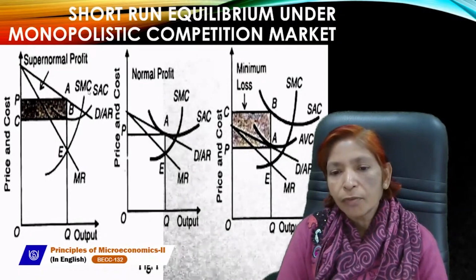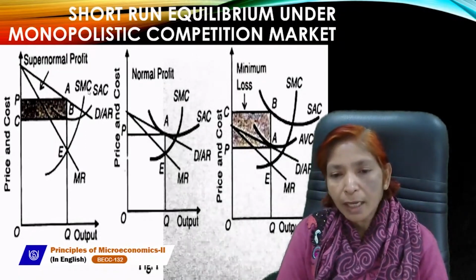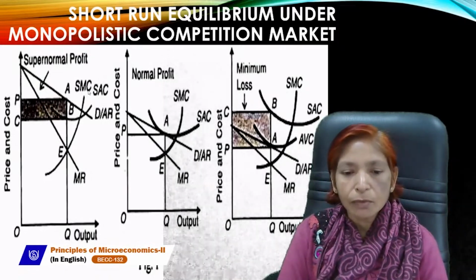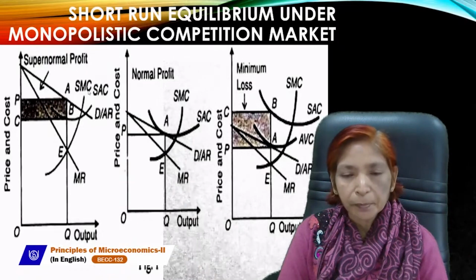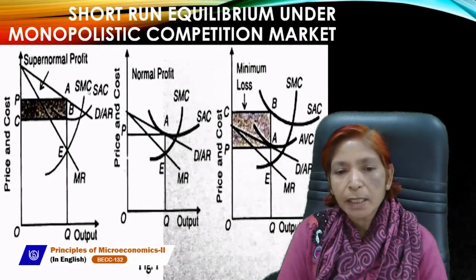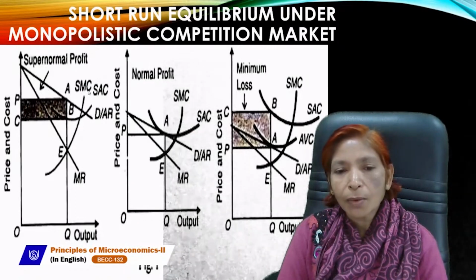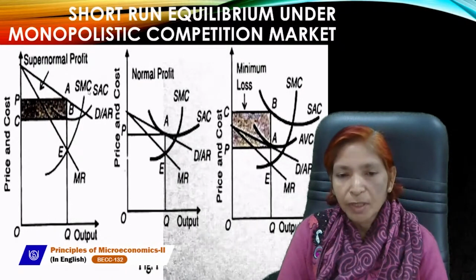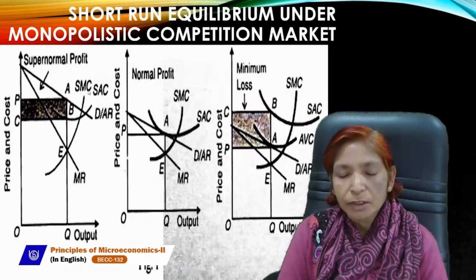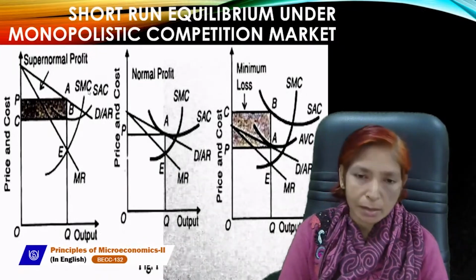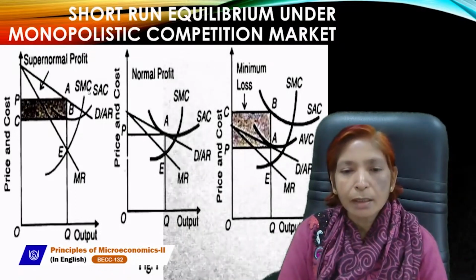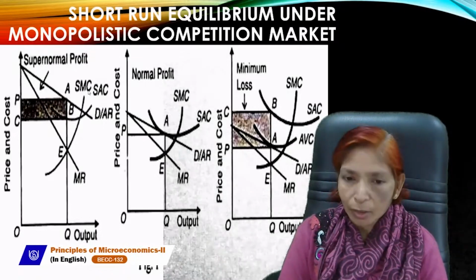And if we extend this line to the AC curve, then we will get another price line, which is OC. The gap between OP and OC is PC. So the area PCAB shows the minimum loss, because here average cost is greater than average revenue.